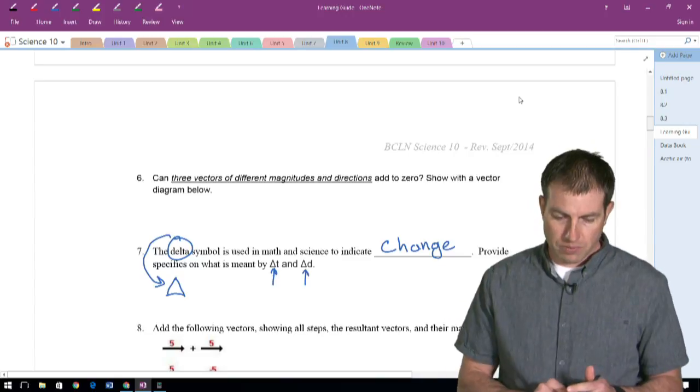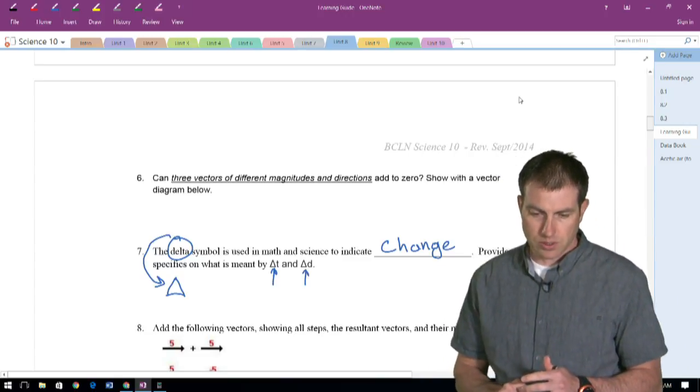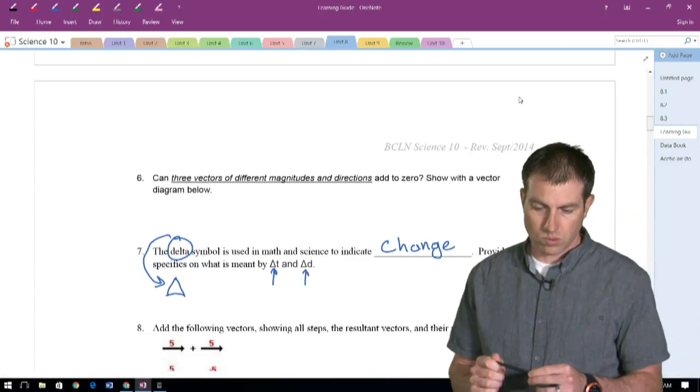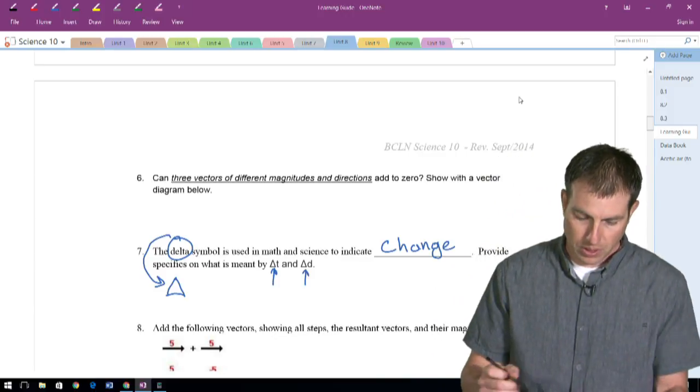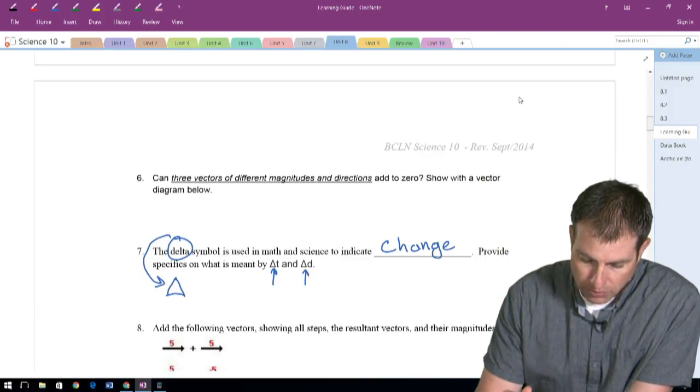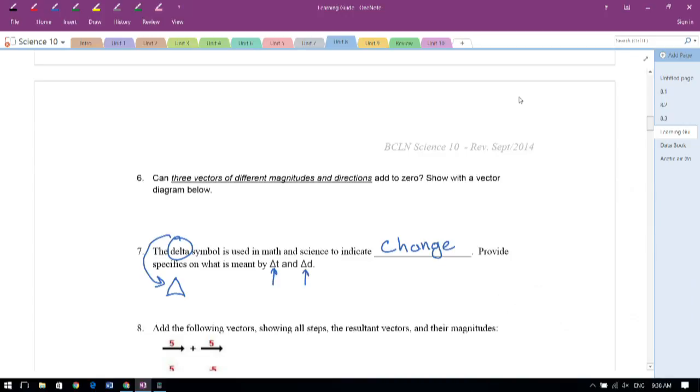Can 3 vectors of different magnitudes and directions add to 0? Show with a vector diagram. All right, 3 different vectors, different magnitudes and directions, add to 0. I'm thinking yes.